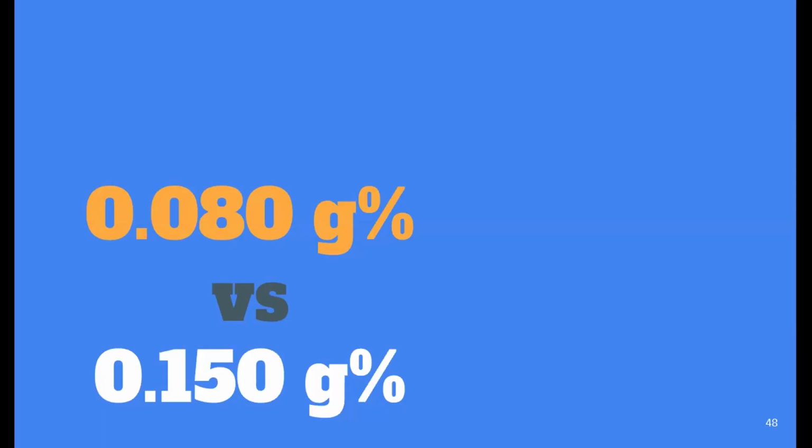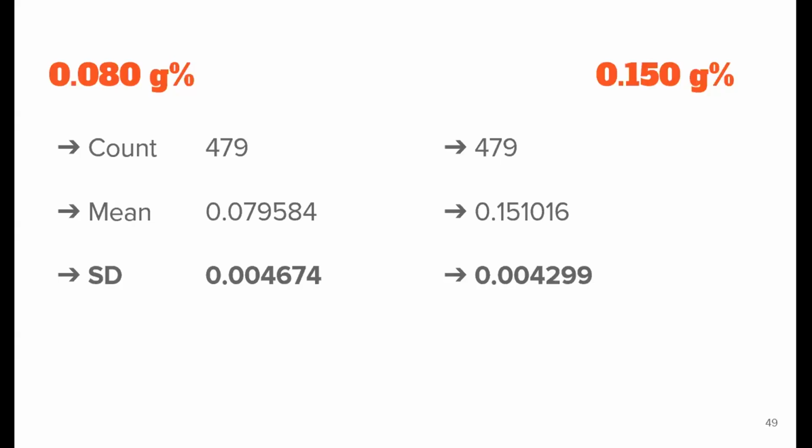So are they similar enough? Well, if we look at the QC data for these two levels of QCs, you can see that the counts are the same. They're both run in every single batch, so we end up with the same amount of data, and the means reflect how similar they are to the target concentrations. We're not really comparing the count or the mean of these values.